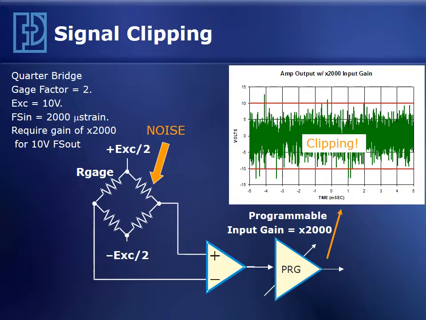When that happens, we call that clipping. And when clipping happens, we have what I described in the previous slide, nonlinearity. In the amplifier, we can have signal creation due to this nonlinearity and DC level shift due to the clipping. So we do not want to have clipping. Clipping invalidates our data.